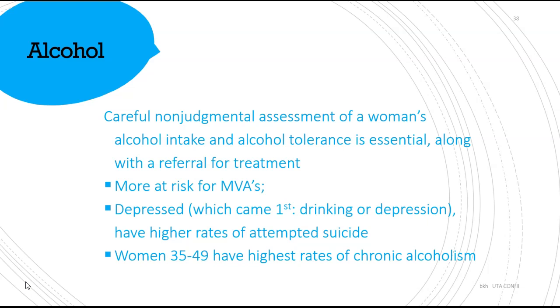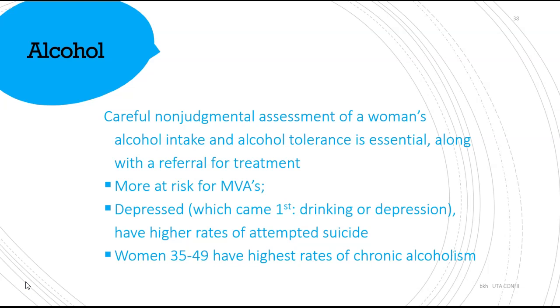A lot of our women, or not just women, a lot of the patients that have chronic alcohol use are also depressed. And then again, we have to ask which came first: are they depressed because of the drinking and the changes that the drinking has on their brain tissue, or were they depressed and that led to the drinking to deal with the depression?